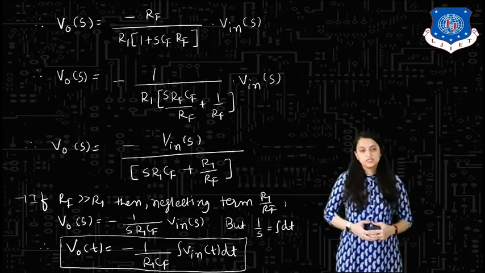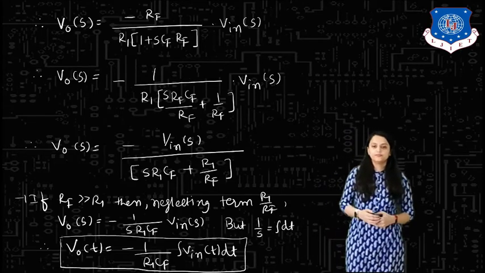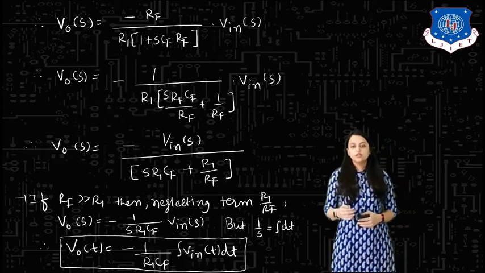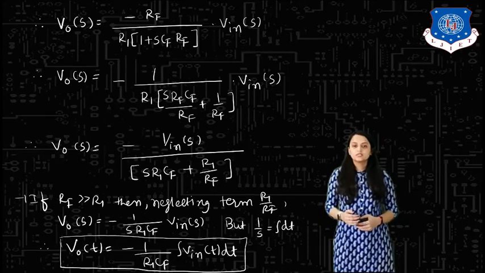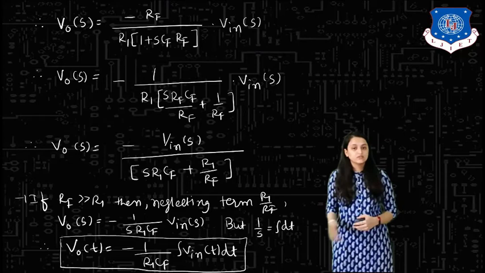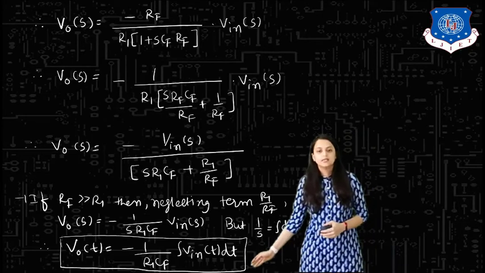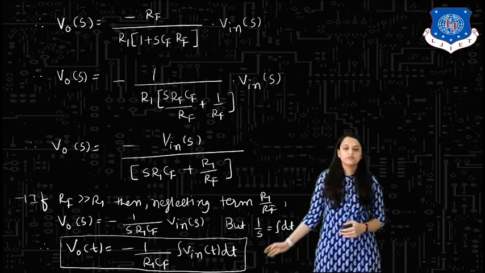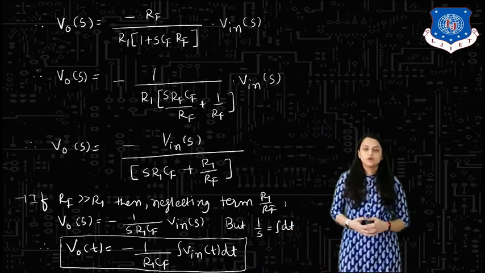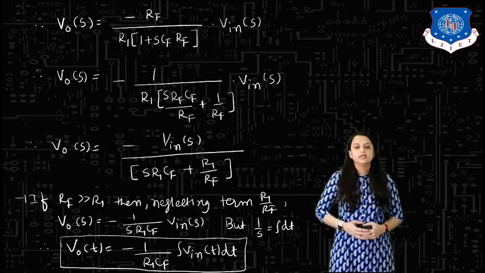If Rf is very much greater than R1, then we can neglect the term R1 by Rf, which will give the equation Vo(S) equals minus 1 by S R1 Cf Vin(S). But 1 by S equals what? Integration with respect to t. So we will have the final equation, that is Vo(t) equals minus 1 by R1 Cf integration of Vin(t) dt. Okay. So as you can see over here, the output is the integration of the input signal.